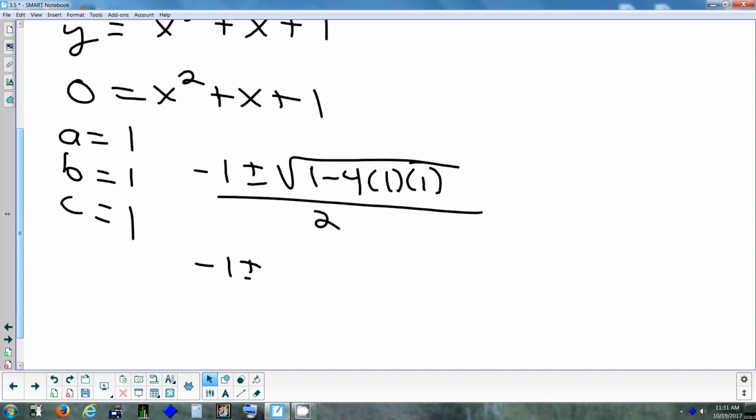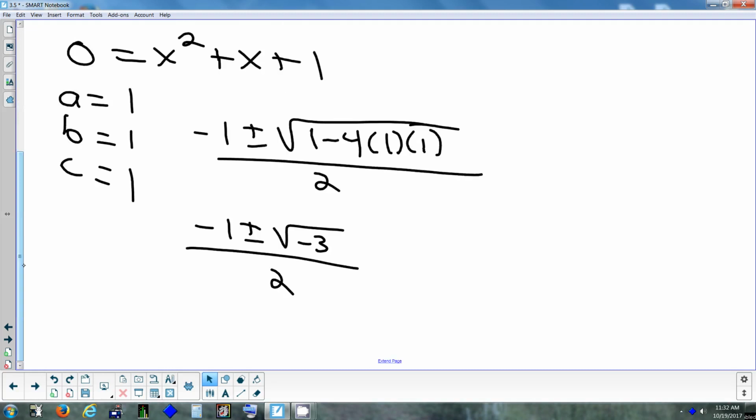Okay, so we get negative 1 plus or minus, what's 4 times 1 times 1? Negative 4. Yeah, it's just negative 4, and what's 1 minus 4? Negative 3. Okay, now do we leave the answer with the negative under the root? No, what do we pull out from that?